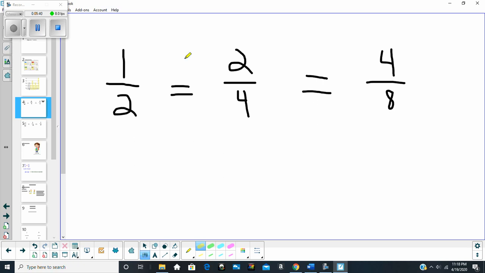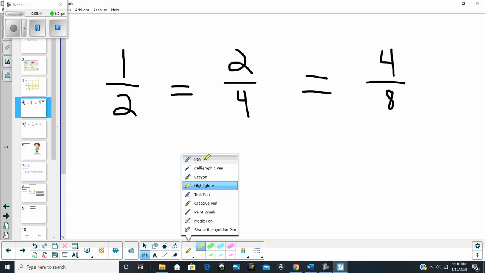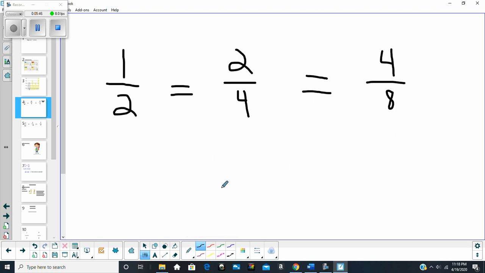So if we look at 1/2, 2/4, and 4/8, these fractions are really the same. They're the same because when you multiply or divide both the top and the bottom by the same number, what we do to the top, we must do to the bottom.